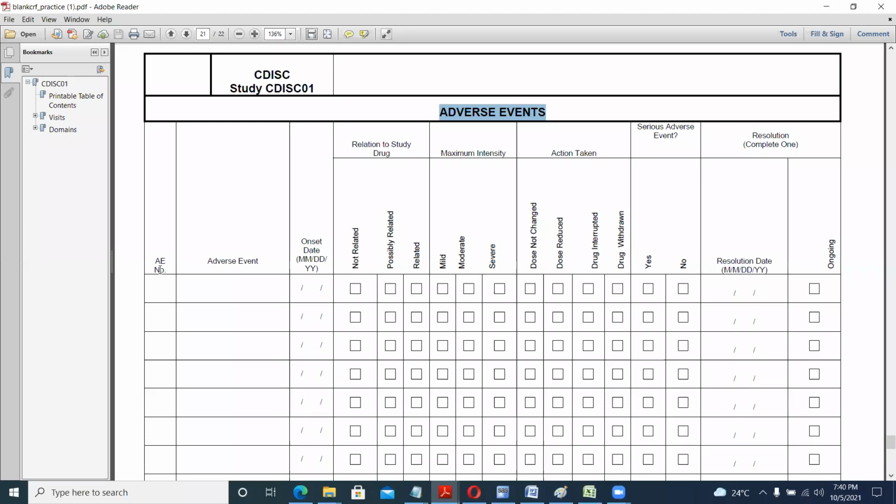Yes, sir. In the adverse event, repeated names will not be there. However many adverse events there are, that many will be written over here: vomiting, constipation, itching, some allergic reactions, and so many different types of adverse events.